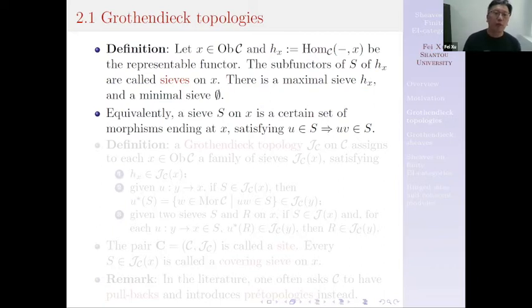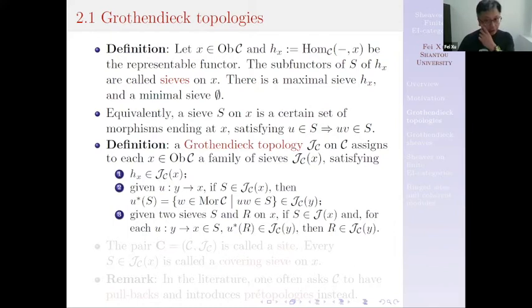Now, keep this in your mind: if you have a topological space X, then you can build a poset of all open subsets, and this will be the category C. Every object in this category is an open subset of the space, and the sieves will be some sort of covering for that open subset. Now, to define a Grothendieck topology on C, you have to meet three axioms.